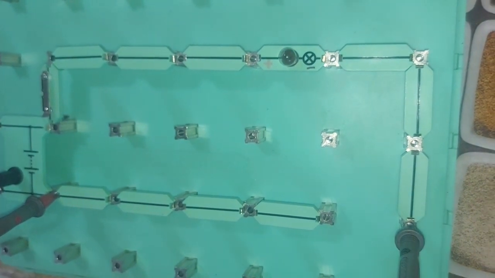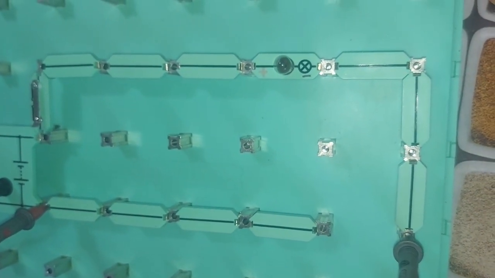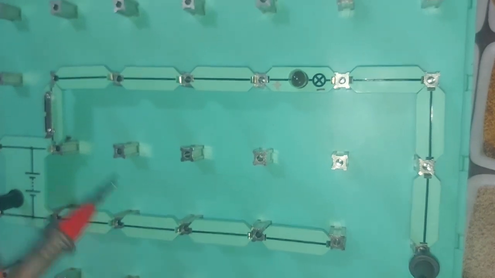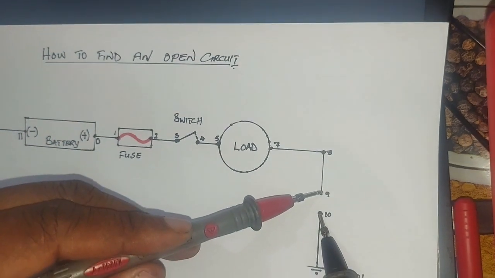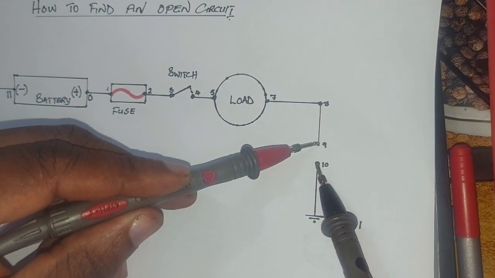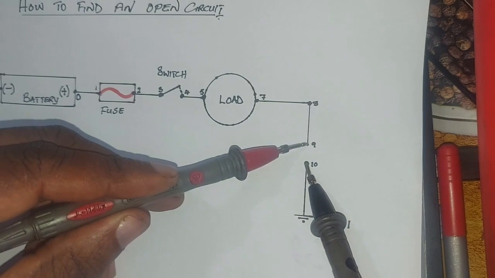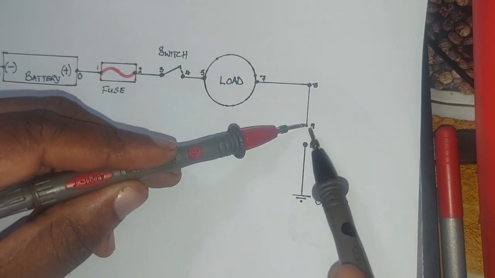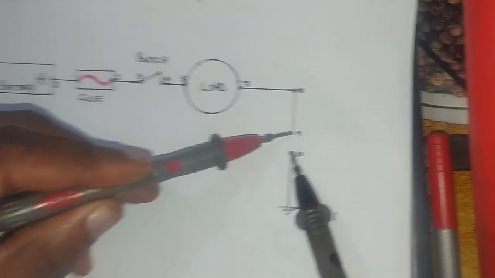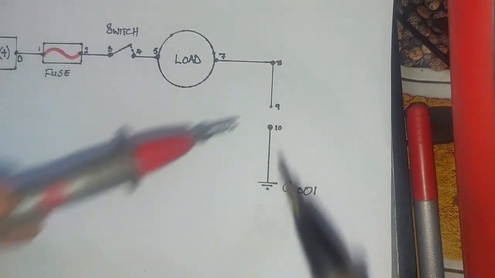So here is something that I was saying to you. I want to show you. I told you, let's go to the paper, to the diagram. I said to you, if we go there and there, we should get battery voltage, because now we are using the meter as the conduit. Okay, the meter is going to bridge that open circuit and take it away.